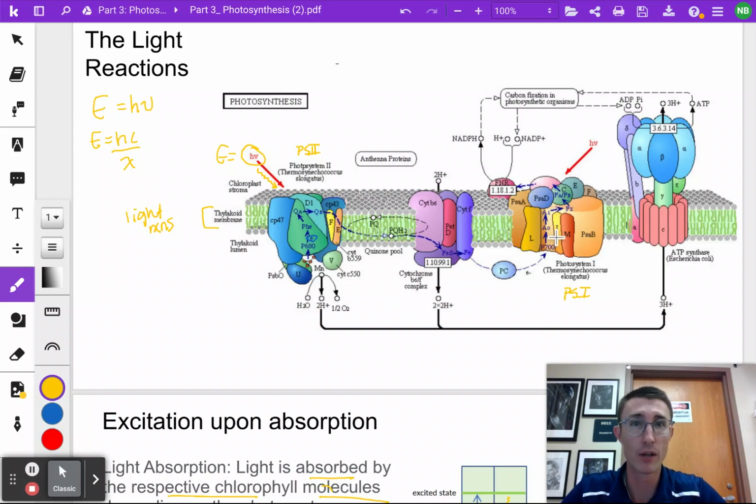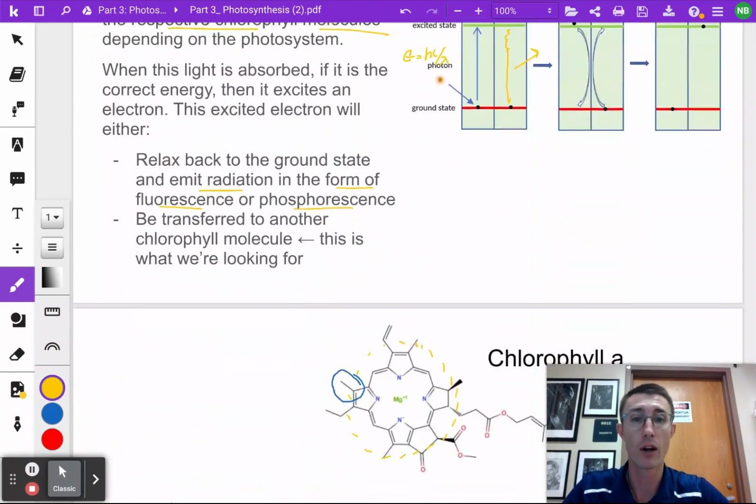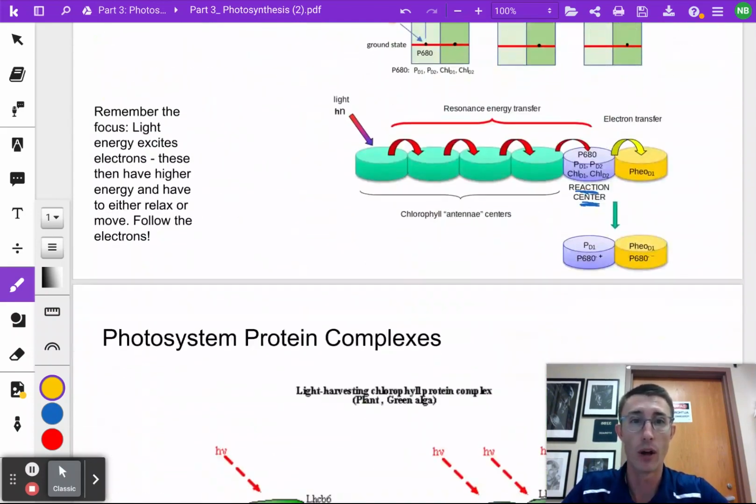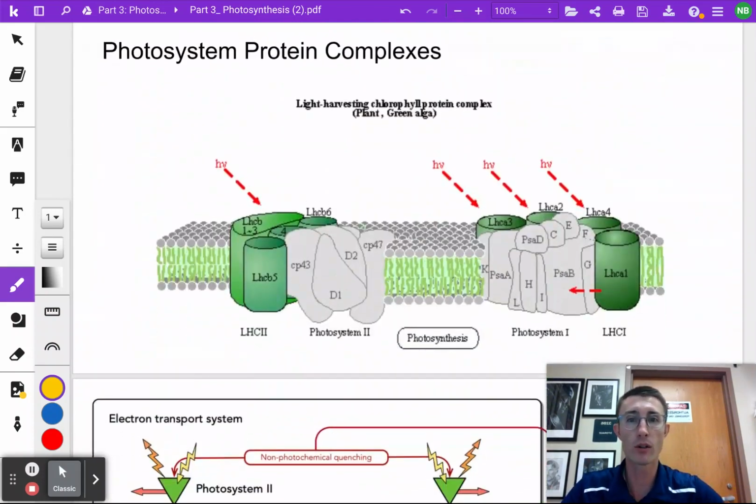Ultimately the goal is to create chemical storage of this energy, because once it's excited, it has more energy, and the plant has to be able to use that to create an energy source for fuel.